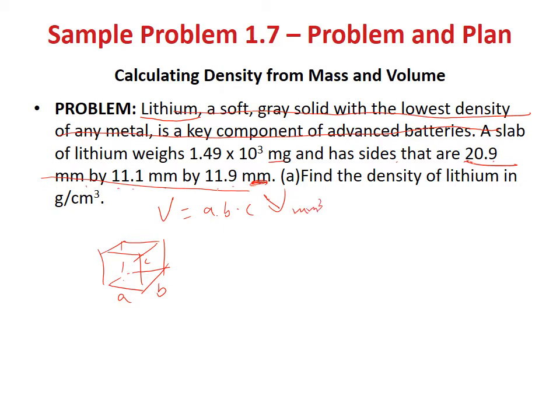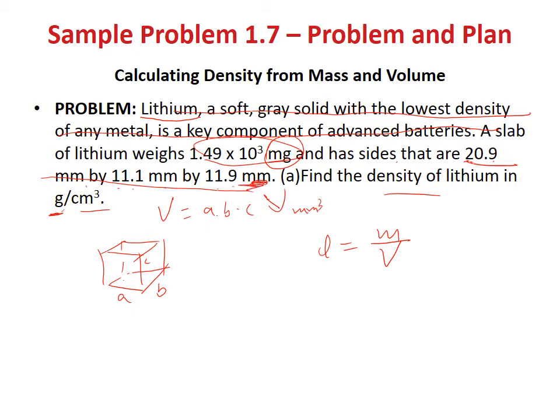So the question is, what is the density? Now we know density is mass divided by volume. So we have mass, we can calculate volume, so we can calculate density. But the question asks for density in gram per cubic centimeter. What is given is milligram. So you need to convert milligram to gram.